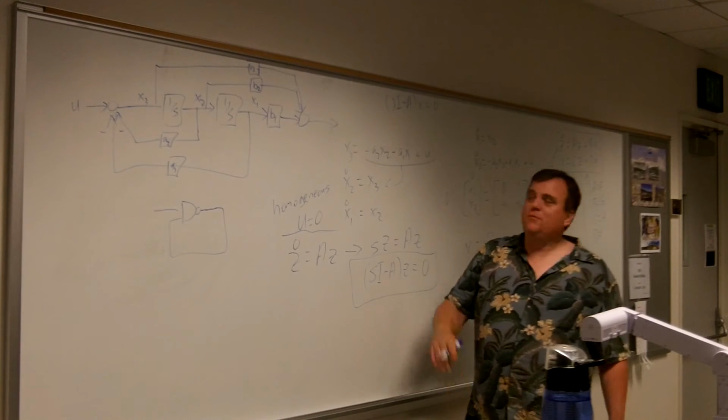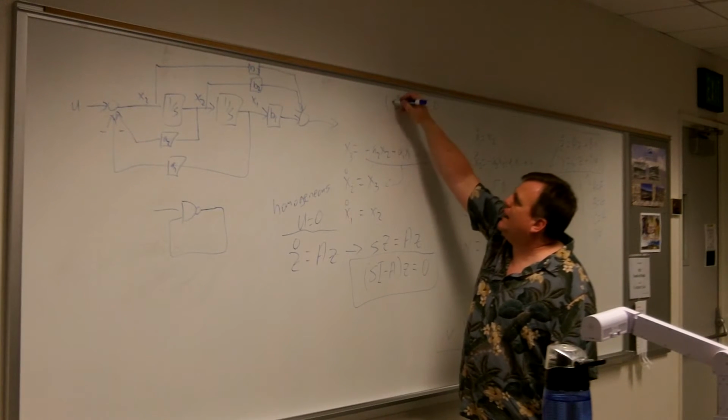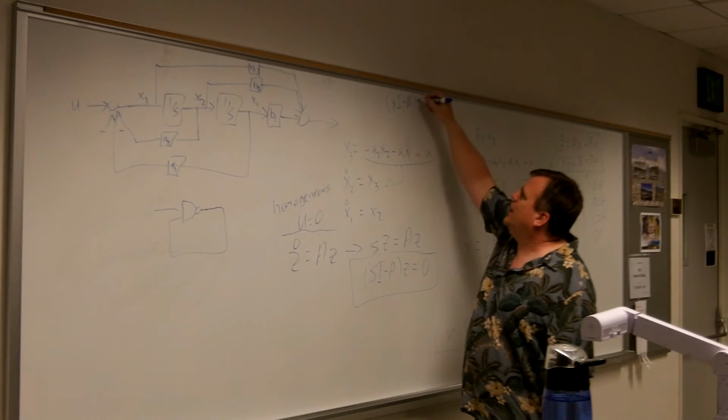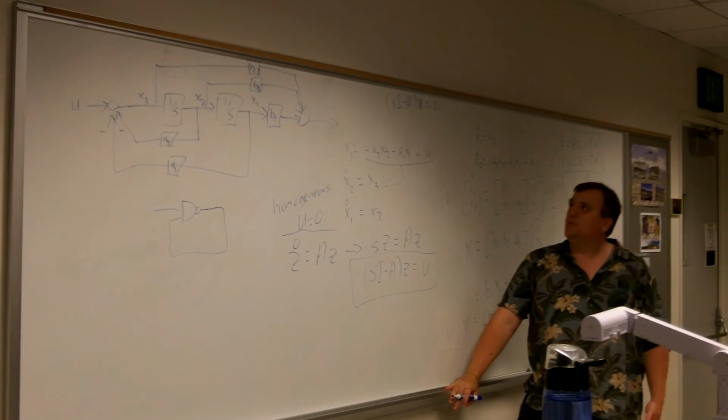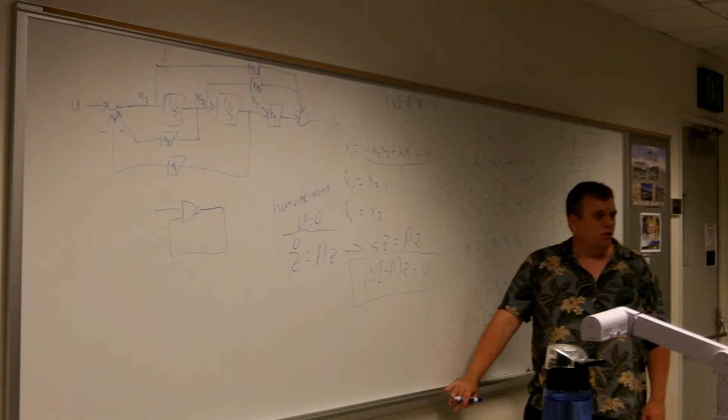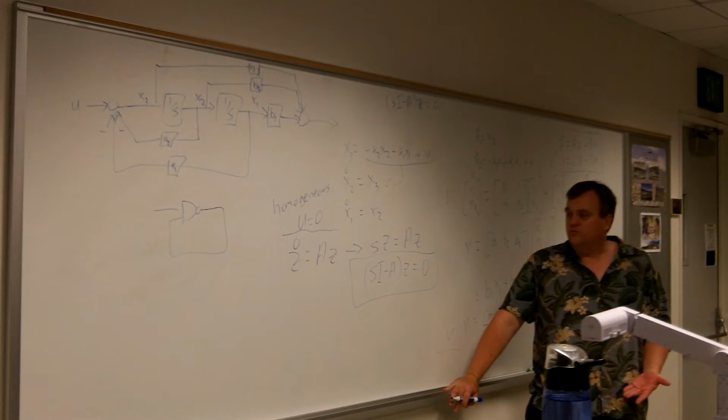If you just replace the eigenvalue by S and you replace the eigenvector by Z, our state, it's the same thing. So I got an eigenvalue eigenvector system.